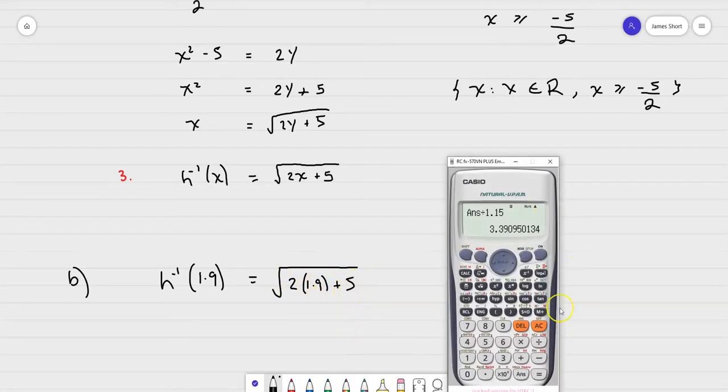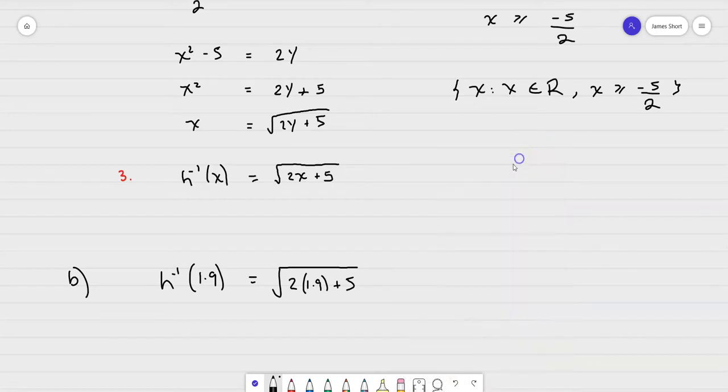Using our trusty calculator, square root of, and I like to use the brackets here, 2 times 1.9 plus 5. That gives us the answer in fraction form, and converting with S to D, it's 2.966 to 3 decimal places.